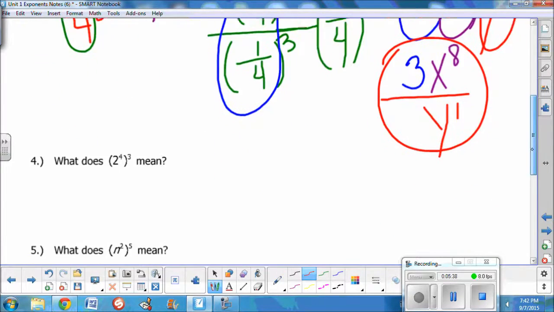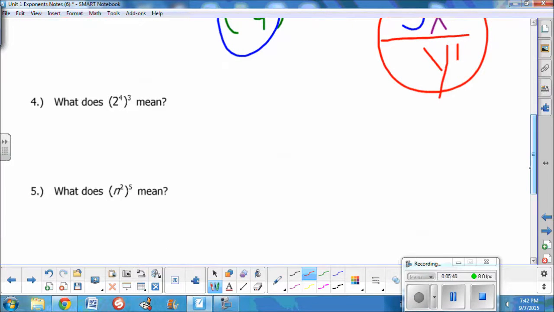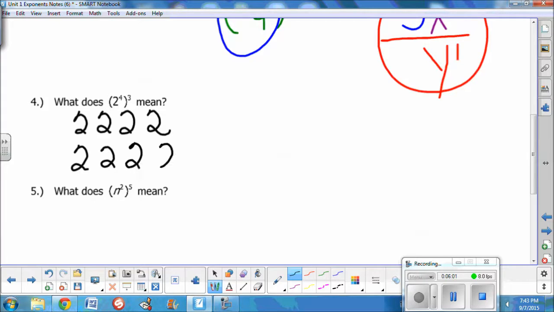So, looking at number 4, it says, what does 2 to the 4th to the 3rd mean? So, 2 to the 4th to the 3rd means 2 times 2 times 2 times 2, 2 times 2 times 2 times 2, 2 times 2 times 2 times 2.